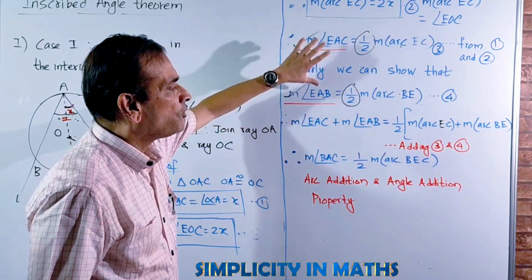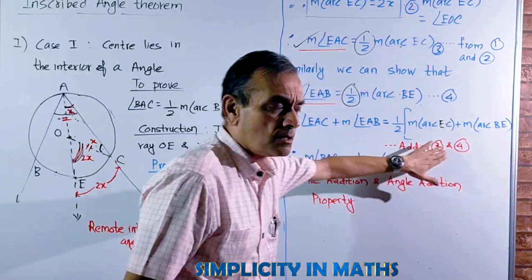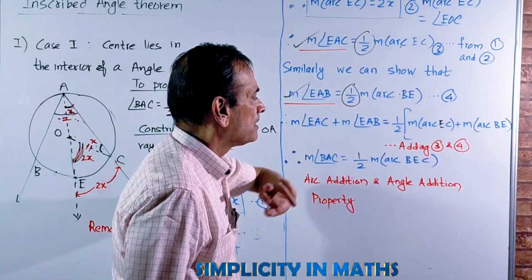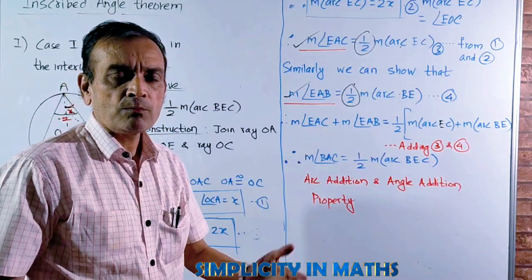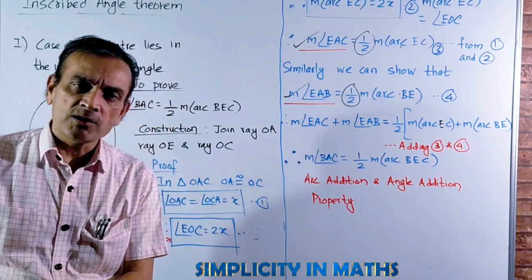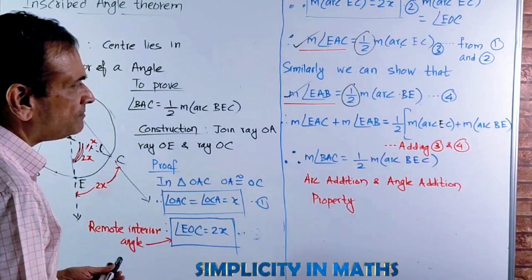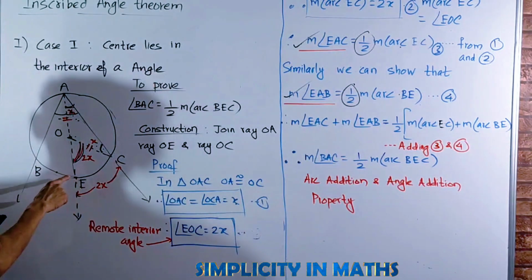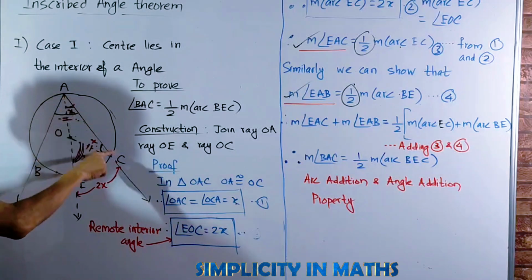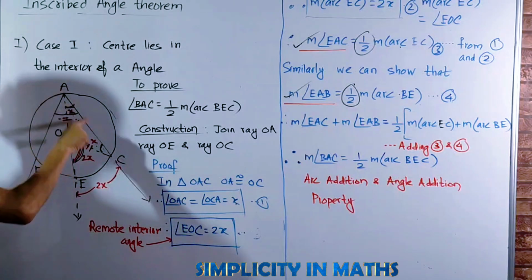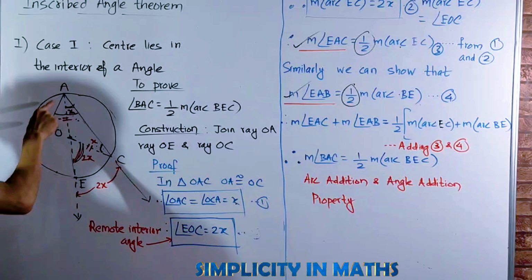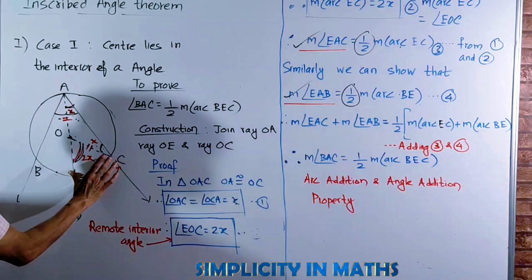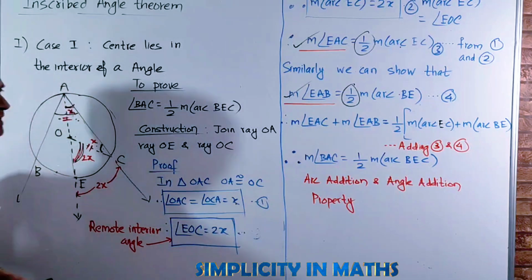Get equations 3 and 4, add them, you get this. Half is common on the right hand side while adding. Now last step, I am going to use angle addition as well as arc addition. In angle addition, angle EAC plus angle EAB, this angle plus this angle gives you angle BAC.